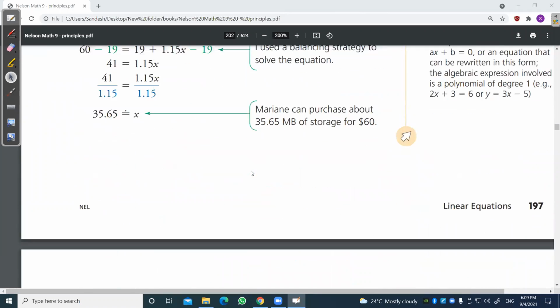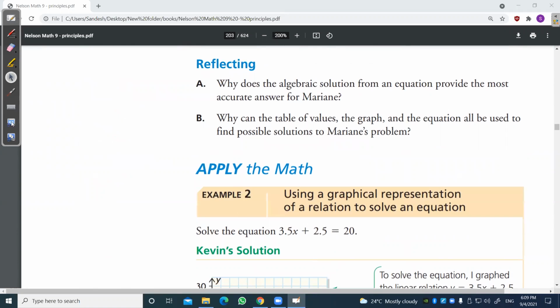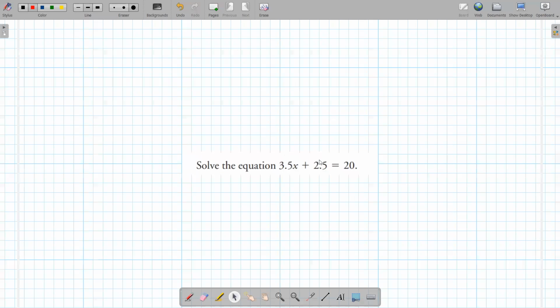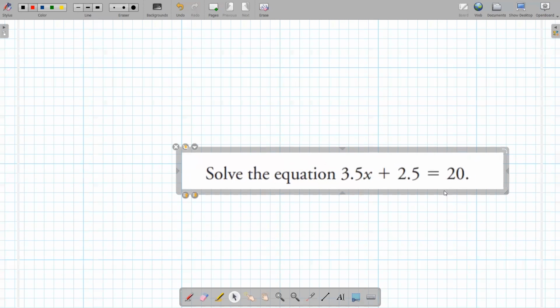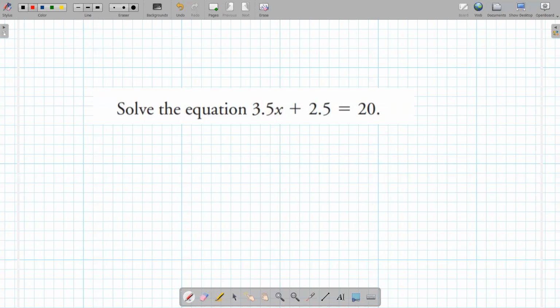All right, let's do the next one. Solve the equation. So there are a bunch of ways to do this, right? The easiest will always be the algebraic approach, and it's going to be the most accurate. Again, the BEDMAS backwards thing. So what do we do first here? Do we get rid of the 3.5, 20, or 2.5? 2.5.